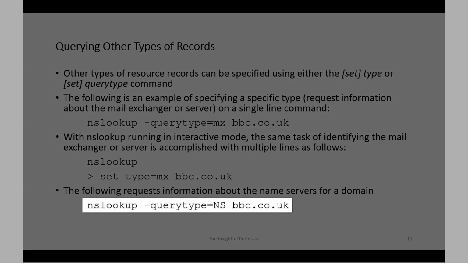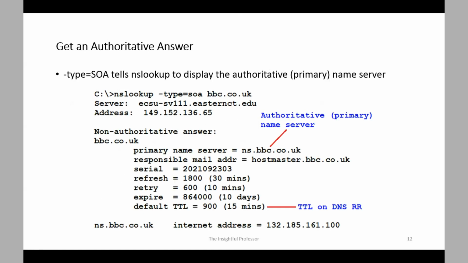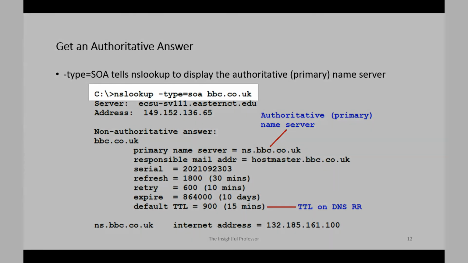The third example on this slide is looking for the name server. And we're specifying the query type as NS, indicating we're interested in the name server for our BBC domain. Another option we have is to specify a type of SOA, and this informs nslookup that we're interested in finding the authoritative name server, or what would be considered the primary name server for our specified domain.